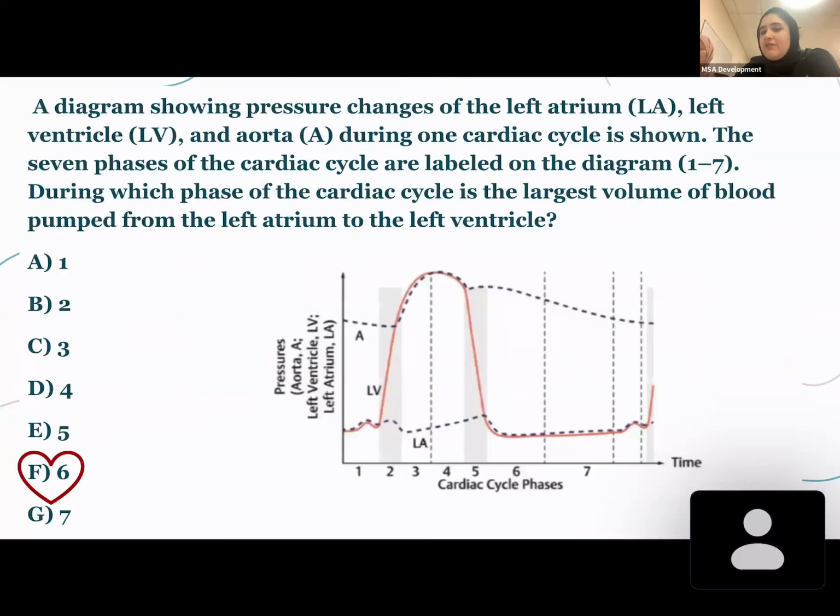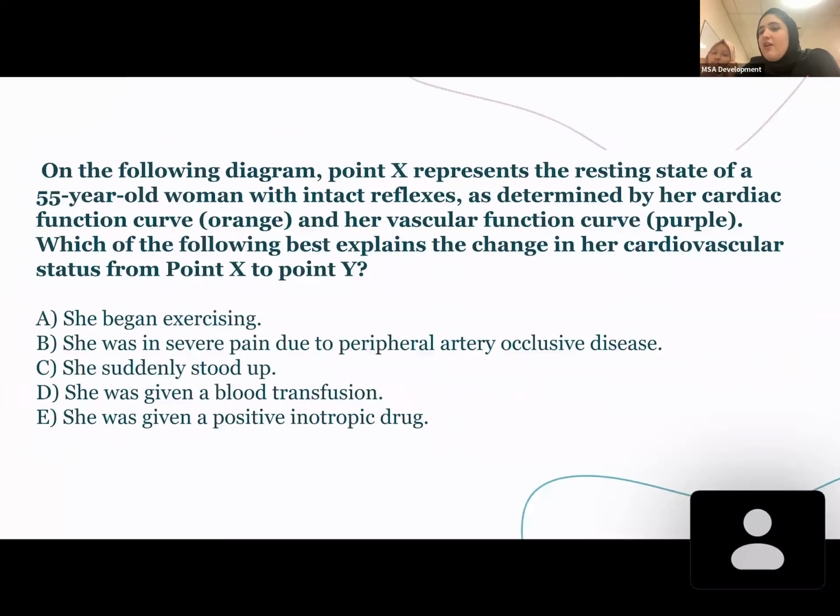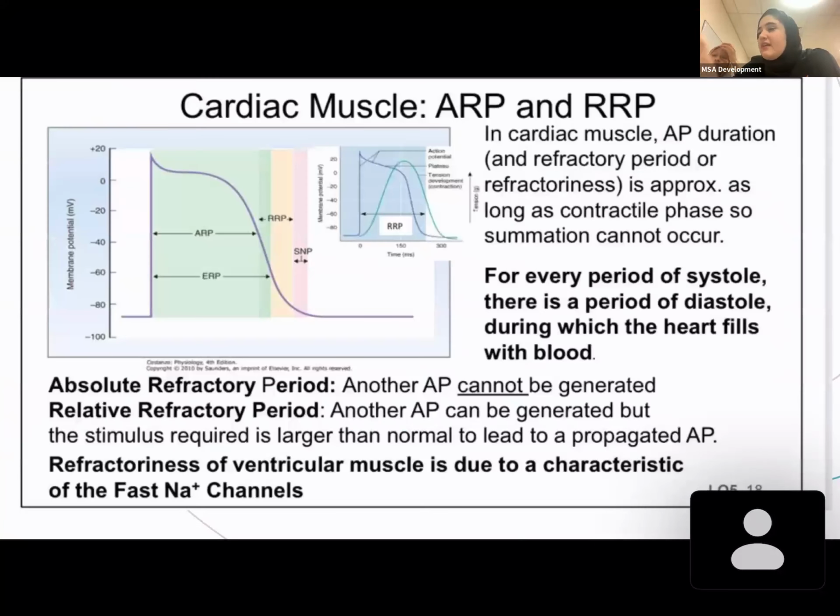So basically, the idea of that question was that we wanted to cause a new contraction during the relative refractory period. We know that in the absolute refractory period, there is no way that an AP can be generated.